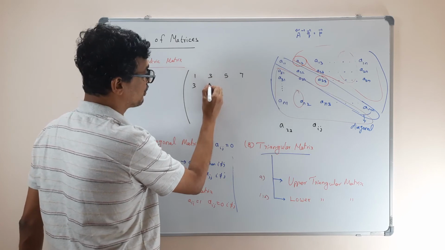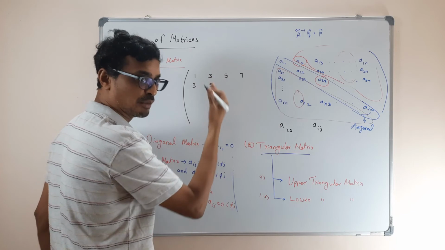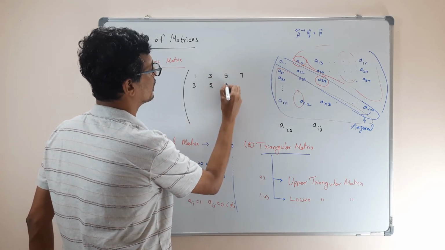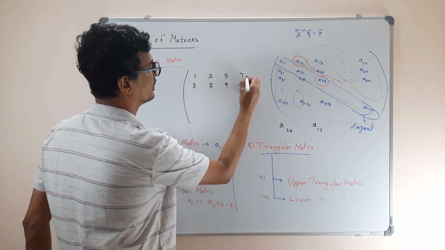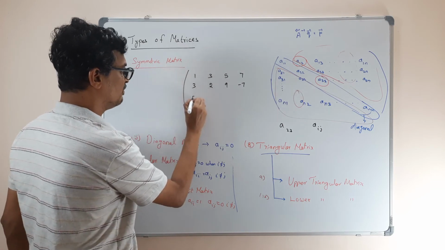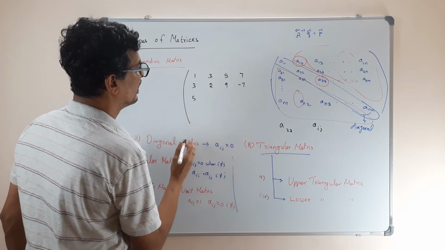So this will be what? 2. Okay, I say 2, just putting an arbitrary number. And then let us write any two numbers. 9 and minus 1. Minus 7. So then what should this be? Correct, 5. And what should this be? 9, correct.